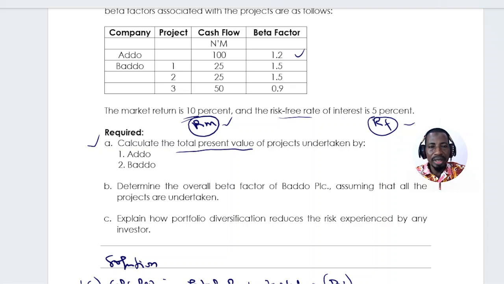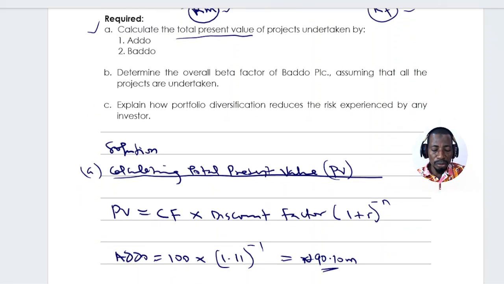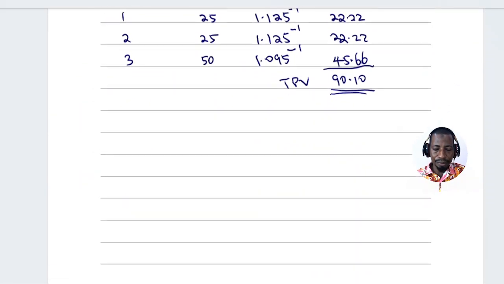Which of them will be applicable to this? In this question, I've already calculated market value, and I'm also given the beta value of individual securities. The question is already solved, so all I need to do is to use the weighted average method to compute my overall beta.